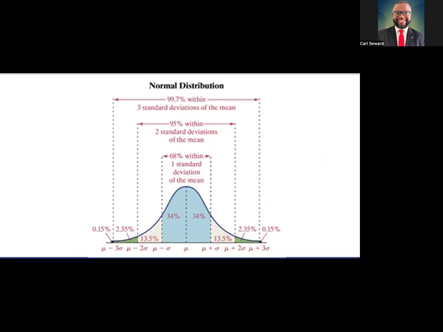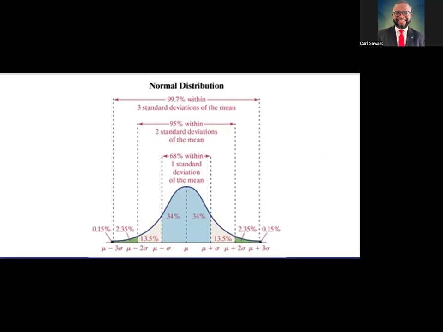You will notice if I go one deviation to the right of the data, you'll see mu plus sigma. If I go two deviations to the right, you see mu plus 2 sigma. And if I go three deviations to the right, you see mu plus 3 times sigma.